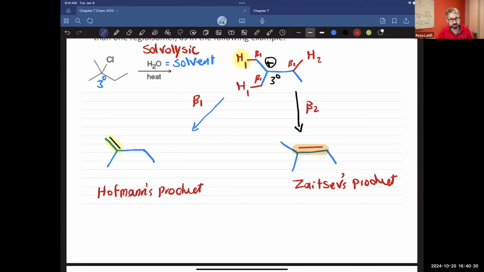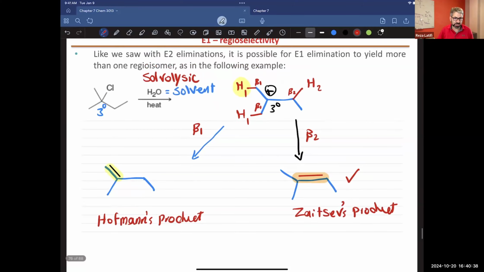The one with fewer substituents we call the Hofmann product; with more substituents, the Zaitsev product. And which one is more stable? This one. So we say the reaction is technically creating two products, and one of them is more stable because it has more substituents to donate electrons to the double bond. That's the reason we call it more stable than the Hofmann.